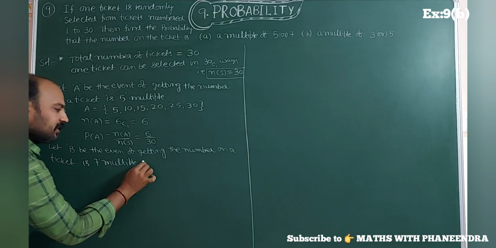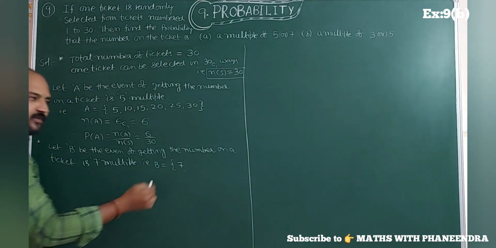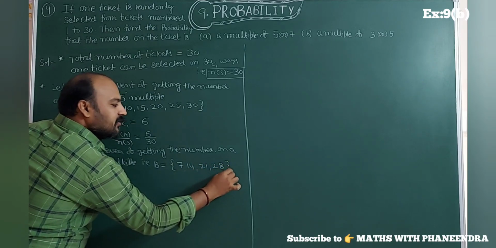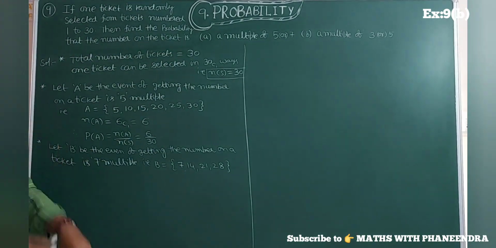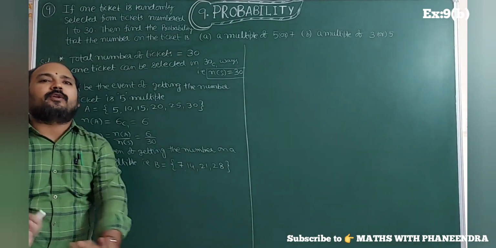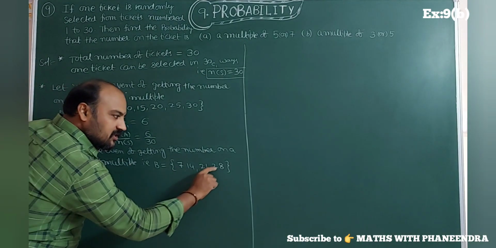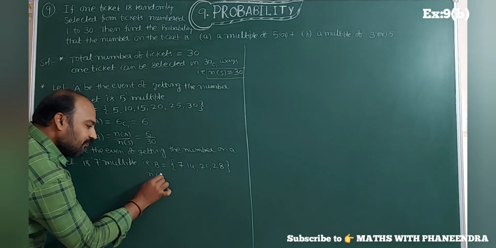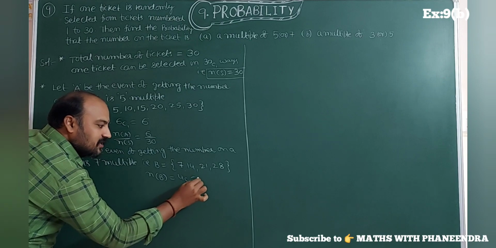Till where do we have to write it? B is equal to 7 ones are, 7 twos are, 7 threes are, 7 fours are. We cannot write 7 fives because 35 is more than 30. So only till 30, whatever numbers we have, that we can write. So how many possibilities are there? 4 possibilities. Therefore N of B is equal to, out of 4 numbers we can select any one, 4C1 ways.